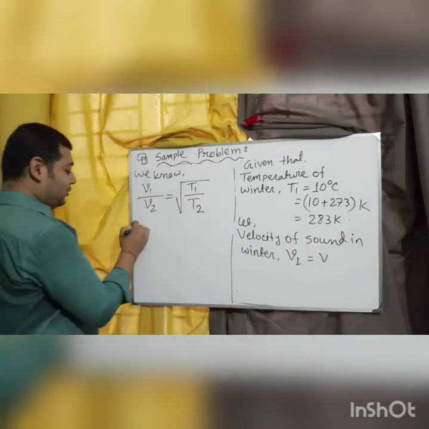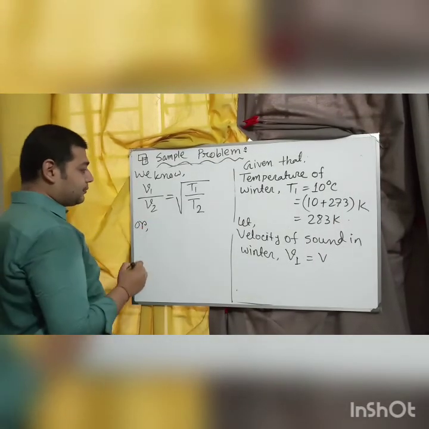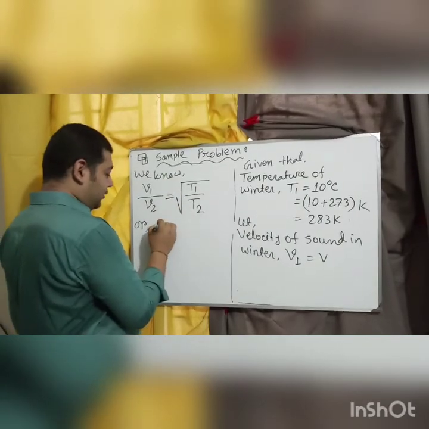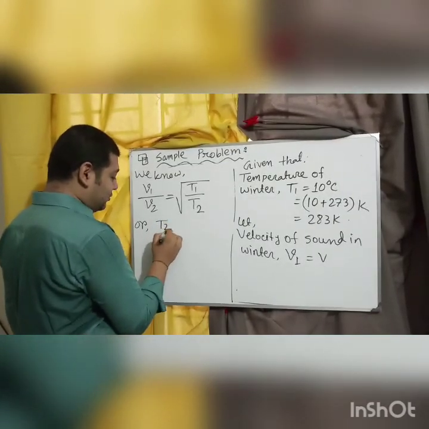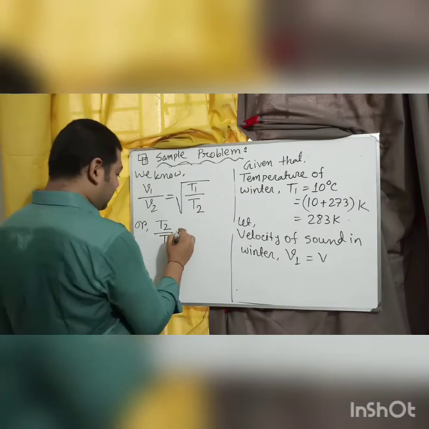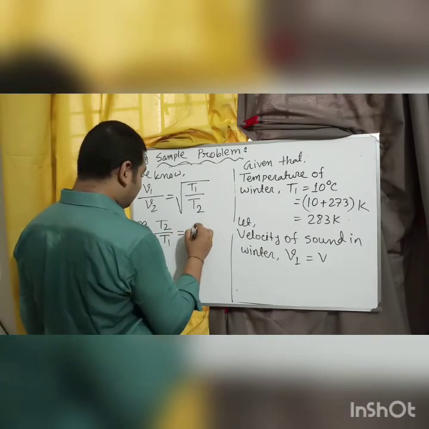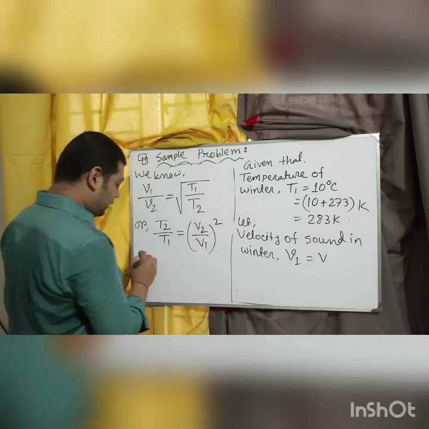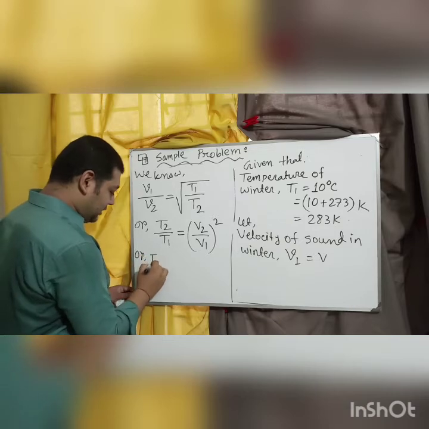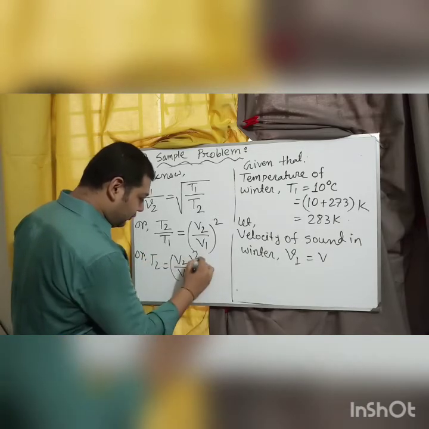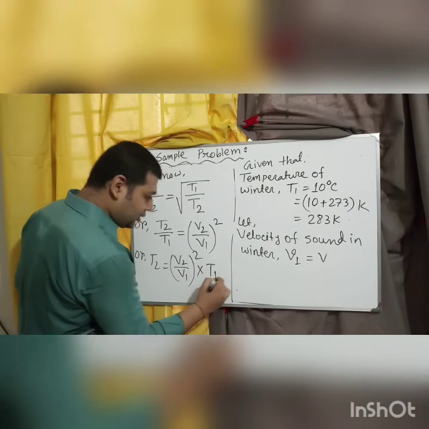So we can write T2 by T1 equal to V2 by V1 whole square, or T2 equal to V2 by V1 whole square into T1.